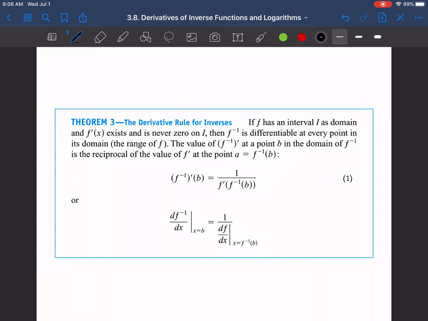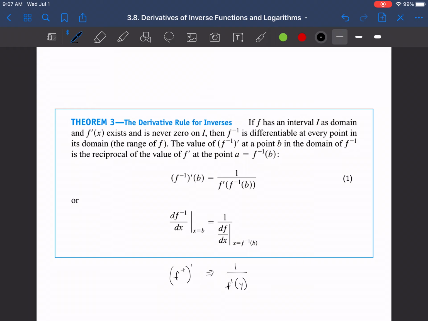If you have the derivative of a function, then you can find the derivative of its inverse by essentially doing this. I know I've been doing a's and b's, but maybe this will make it a little clearer for you. If we wanted the derivative of the inverse, and we wanted to evaluate it at a certain point, like x equals b, then essentially what you're going to do is 1 over f prime of whatever the y value was, of the corresponding one.